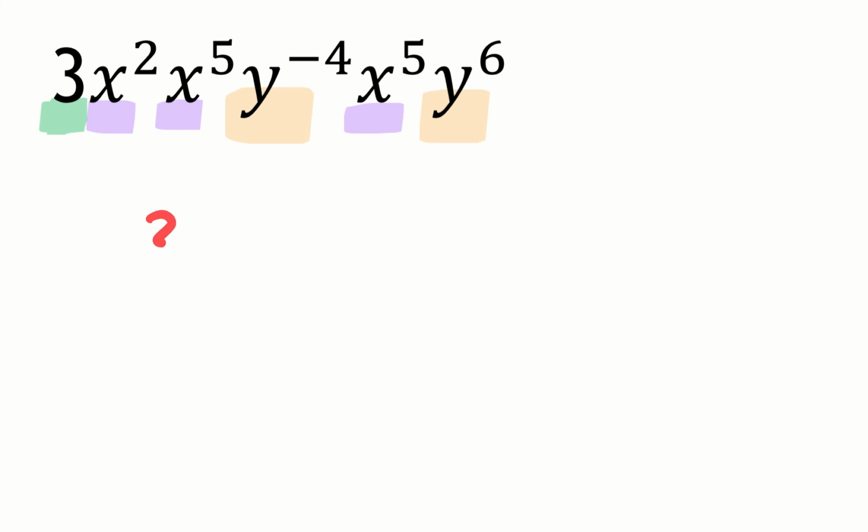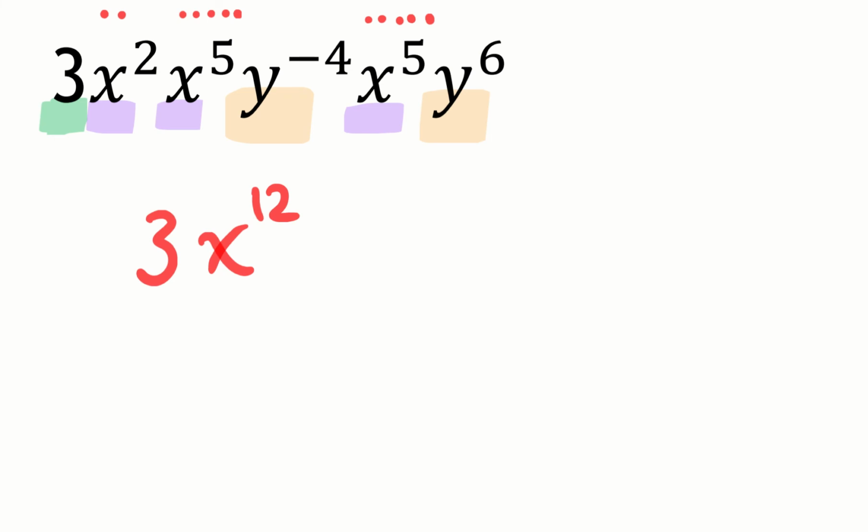I'm going to have a value of 3, and then I'm going to multiply by some x's. How many x's? Counting them out, that's 12. So it's going to be 3x to the 12th. You don't have to count like that. You can just add. 2 plus 5 is 7, plus 5 is 12.